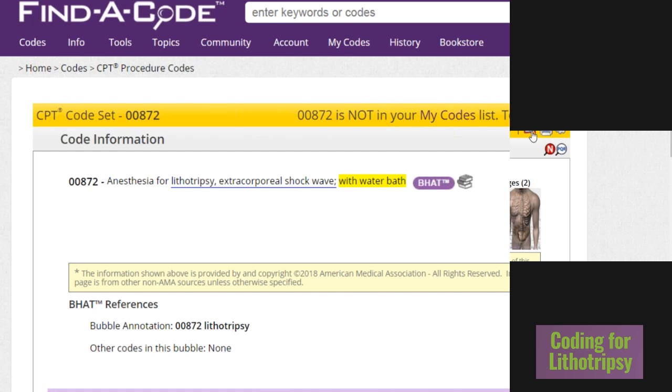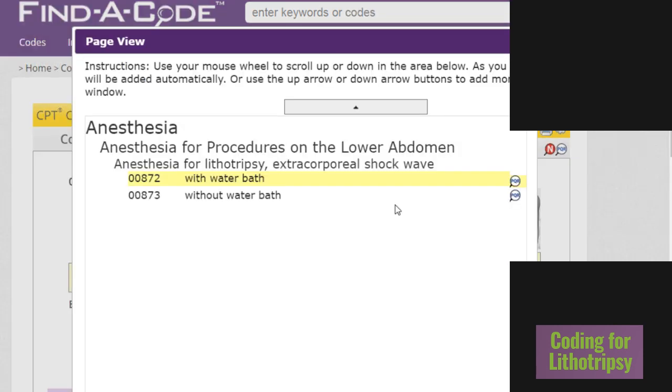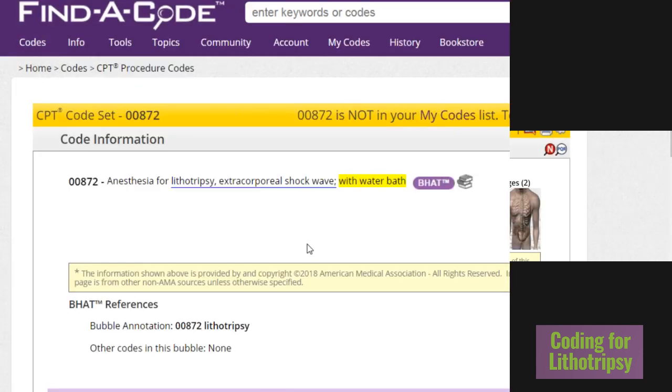Now remember there was more than one code, so let's look at what our codes were. Our other option is without a water bath. Simple as that. So that's the anesthesia for those codes.